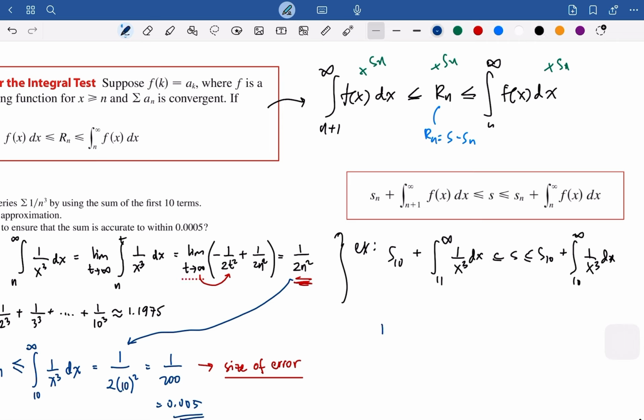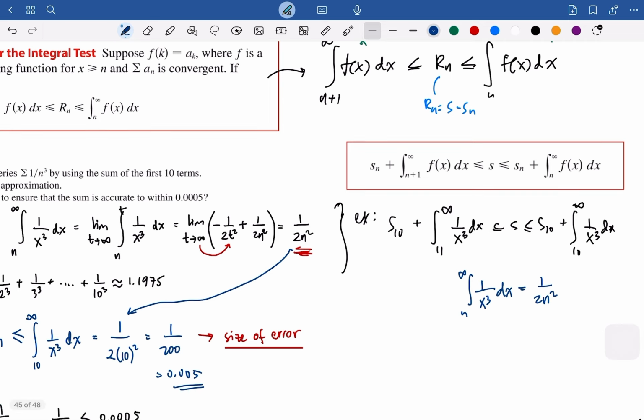Then we have n. This will be 1 over 2n squared, right? So we are going to have S10 plus 1 over 2 times 11 squared less equal S less equal S10 plus 1 over 2 times 10 squared.